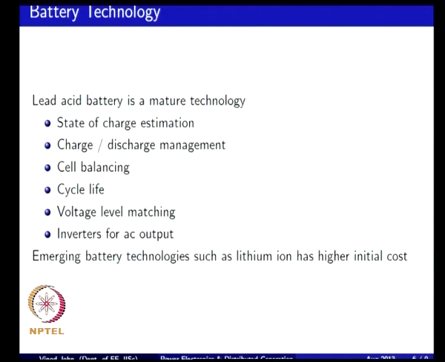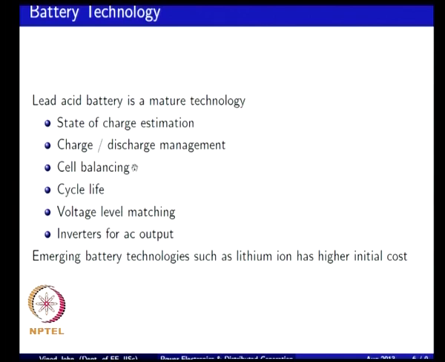For example, if you are using it in a vehicle application, you would like to know when your fuel gauge is empty or whether it is full. You would also like to know how much charge or discharge can be done from the battery. It depends on aspects like the state of charge, your temperature, and the expected cycle life that you are targeting, etc. So that can be a challenge in a battery.